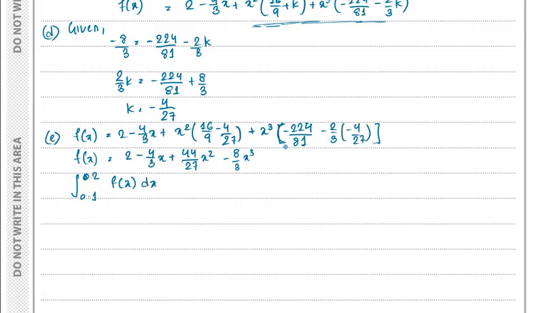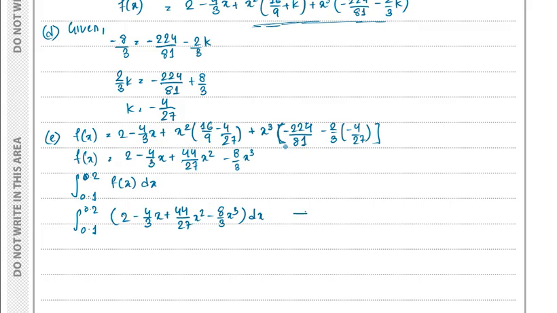So the integration here would be from 0.1 to 0.2 of the bracket 2 minus 4 by 3 x plus 44 by 27 x squared minus 8 by 3 x cubed dx.